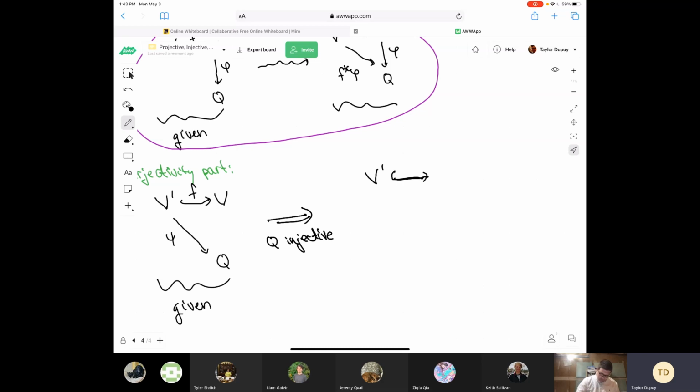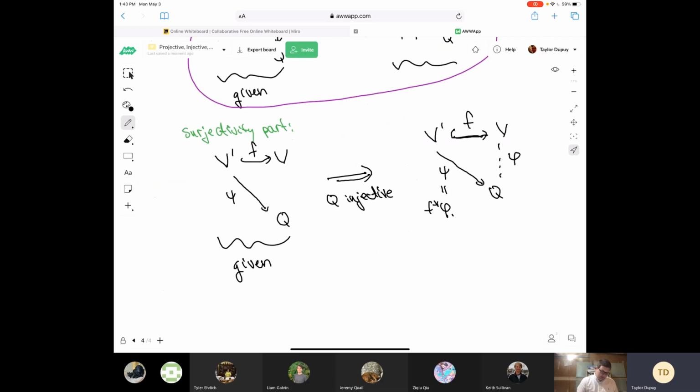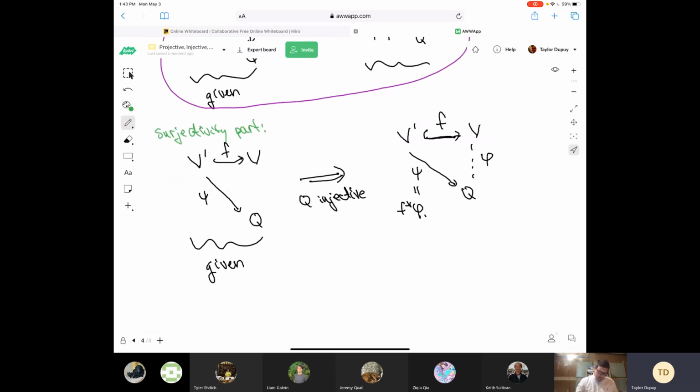So whenever you have this inclusion and this map to Q, there's a map here such that this thing is equal to the pullback. This is what you get from Q being injective.